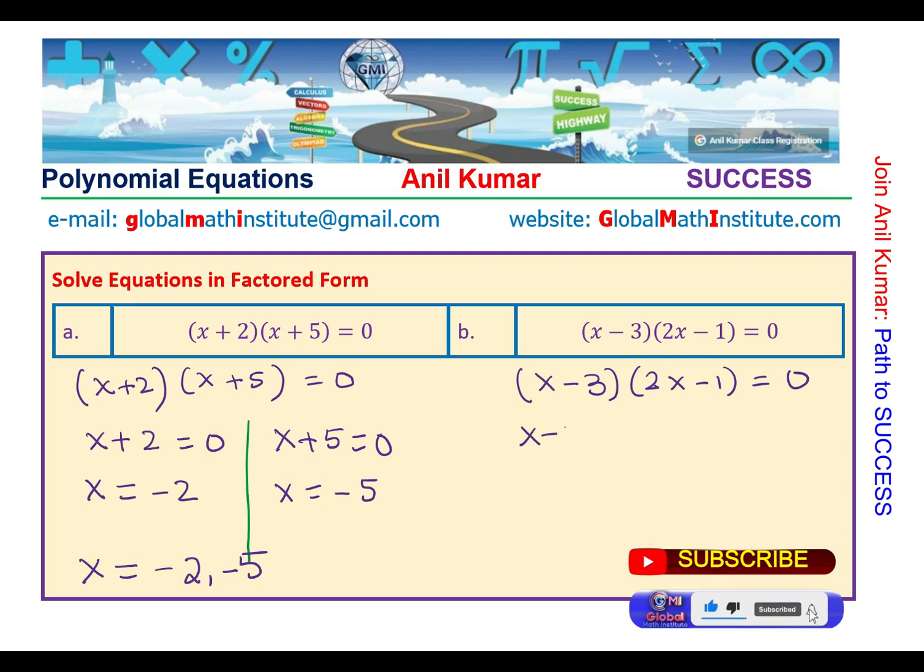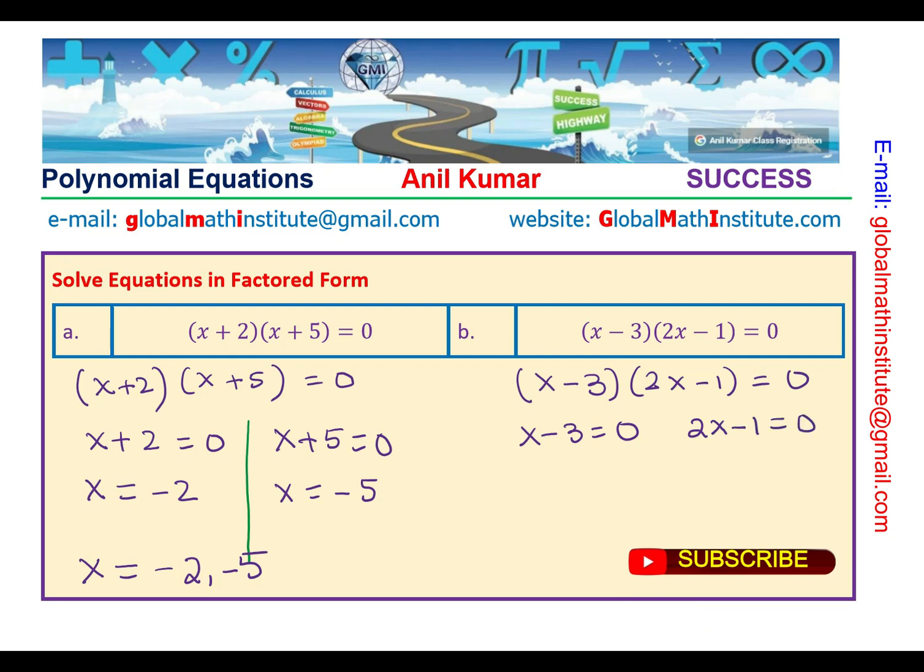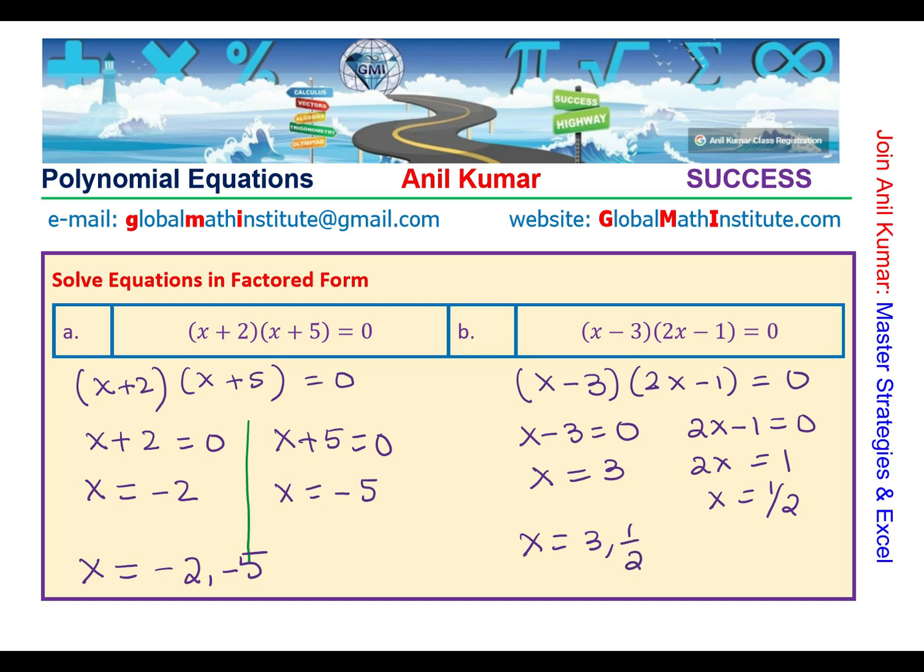Equate x minus 3 equal to 0 and 2x minus 1 equal to 0. Solve both these equations. Here we get x equals to 3, and there we get 2x equals to 1, or x is equal to half. And therefore, the solution is x equals to 3 or half. Is that clear to you, right? So two solutions with these two factors in each case.